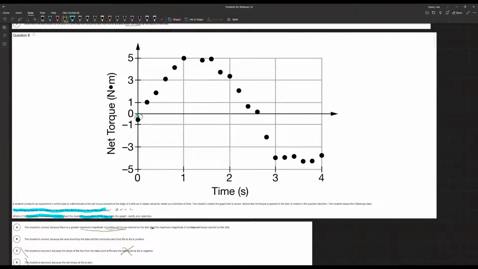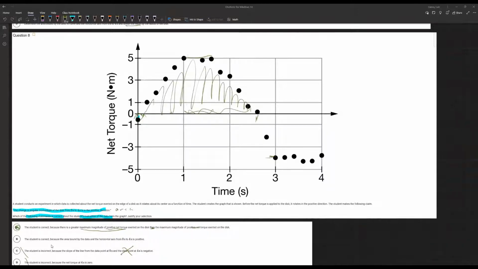So the idea here is if we get this area, hopefully we recognize that this area here is much bigger. It has a higher peak. It goes all the way to 5 versus 4, and it has a longer run, about 2.5-ish seconds, compared to about 1.25 seconds. So I think A is a better answer choice if it were worded correctly.